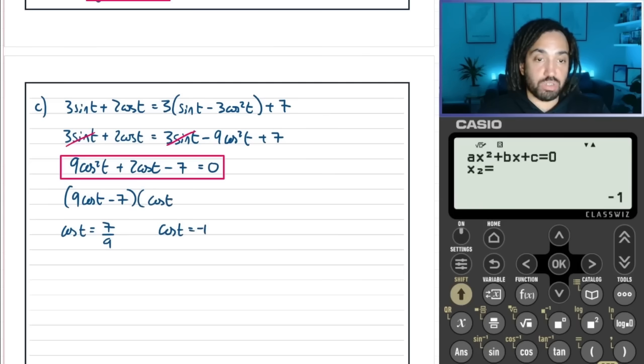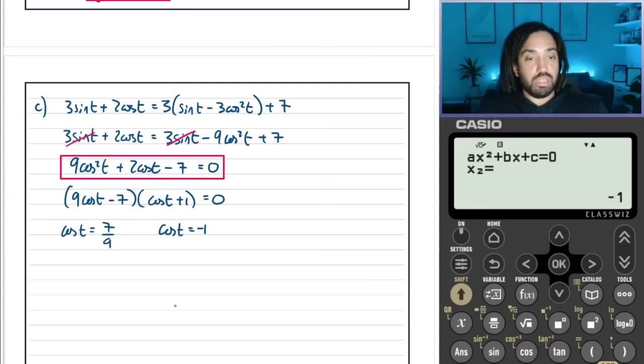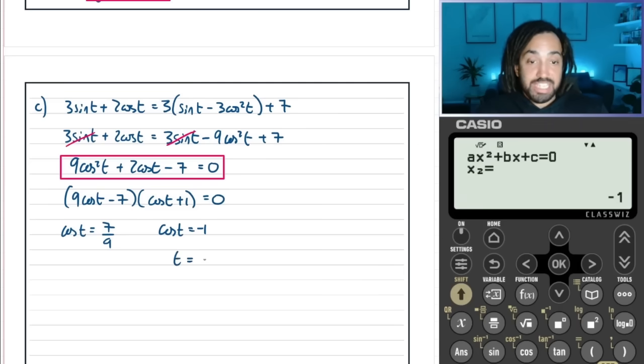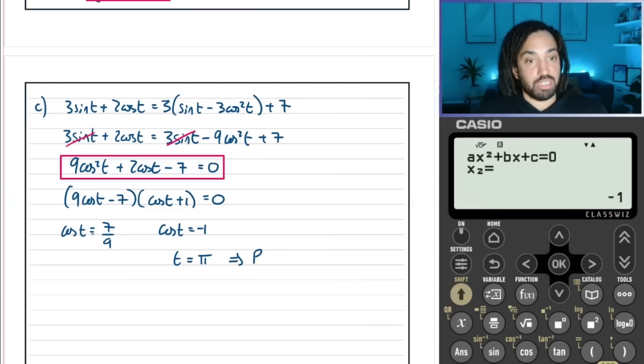So therefore, cos t plus 1 would have been the other factor. Now cos t equal to minus 1, of course, would mean that t would equal pi, which was the coordinate of P. So that's not the one that we want. It's this one that we want.